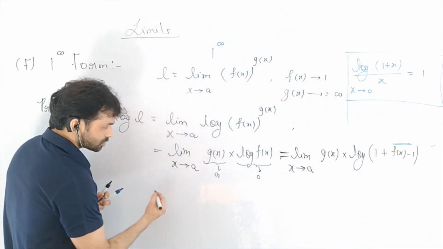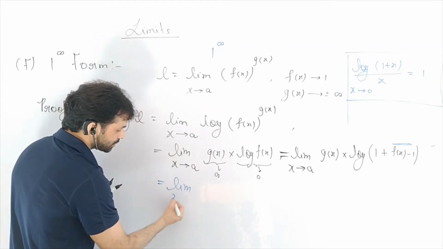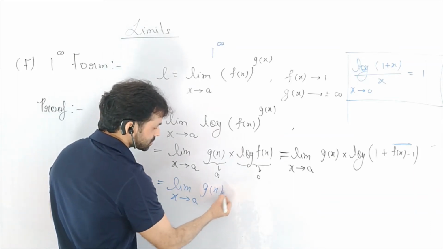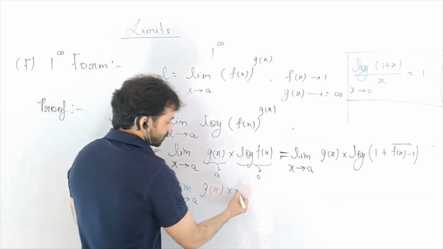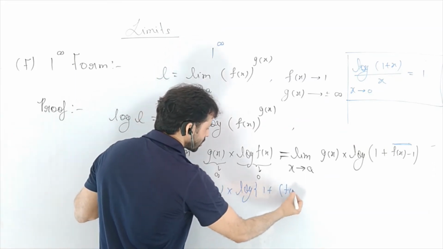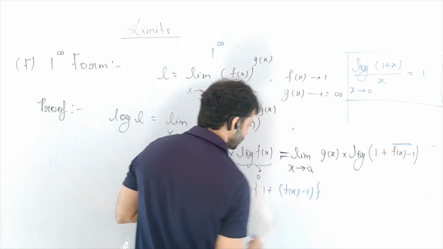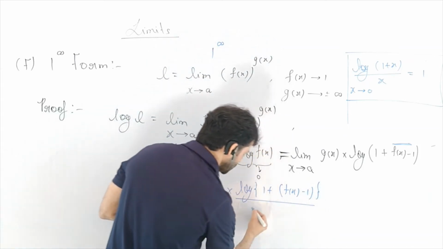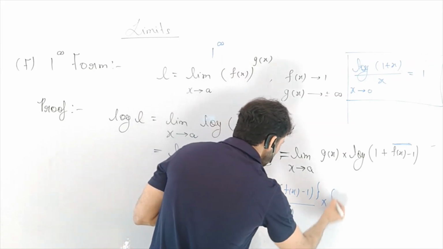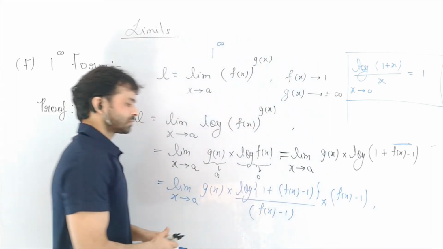So we'll write limit x tends to a, gx into log 1 plus fx minus 1, divided by fx minus 1, into fx minus 1.